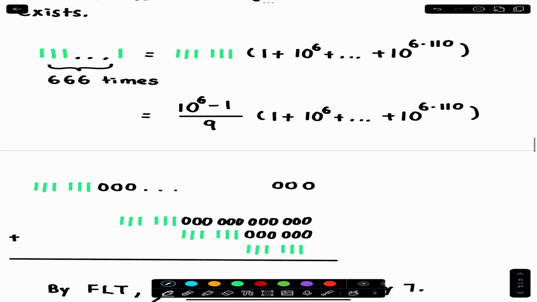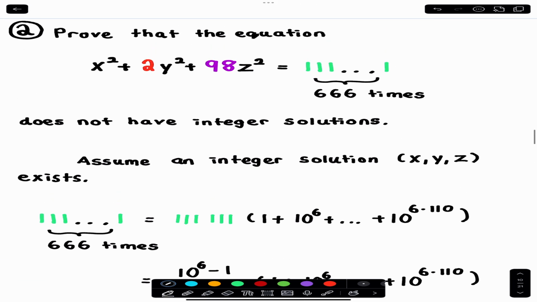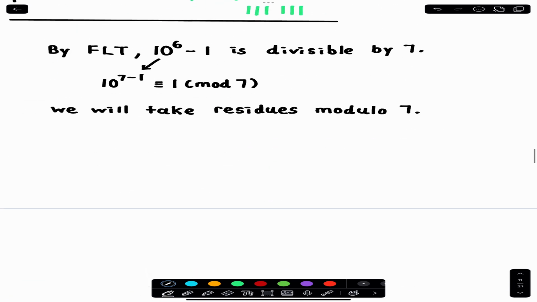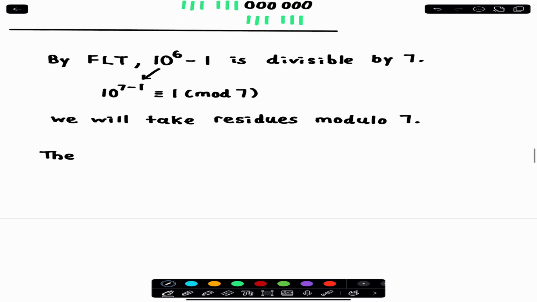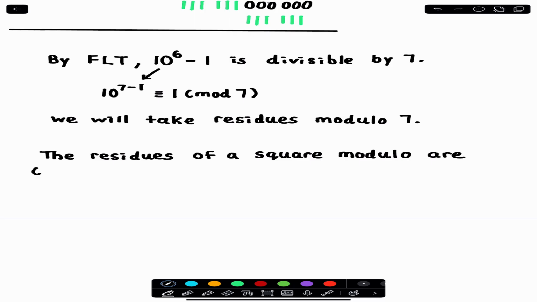Now, if we recall from basic modular arithmetic, there's a very useful fact about squares mod 7. And it's that every square modulo 7 is congruent to either 0, 1, 2, or 4.